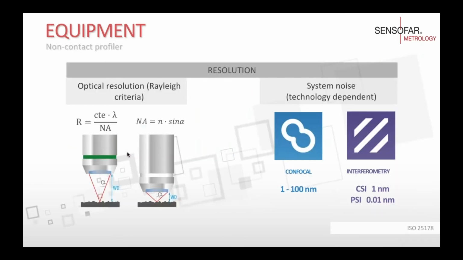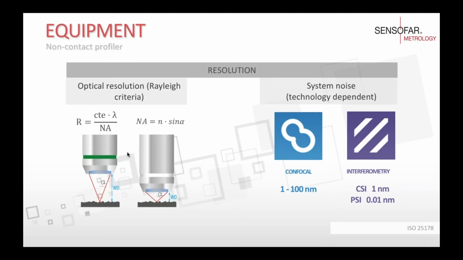As for the non-contact profiler, because we are treating an area, the resolution is going to be defined by two different things. We have the lateral resolution, that is going to be defined by the Rayleigh criterion. And then we have the system noise, which we can also call vertical noise, which is going to be dependent on the technology.